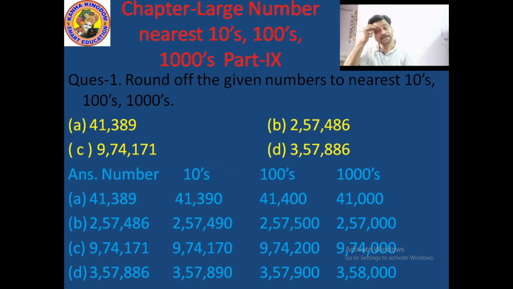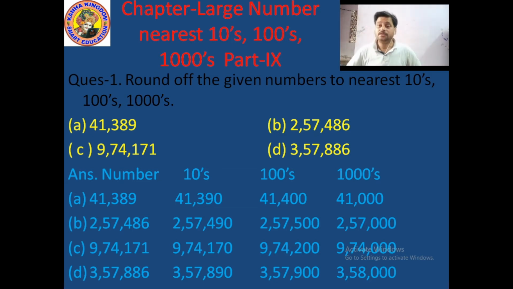The rest of the numbers, nothing you have to change, you just write the same digits. So the exact answer of this question is 2,57,500. How does 5 come? Because 4 is in the 100 place, so you add 4 plus 1 equals 5.